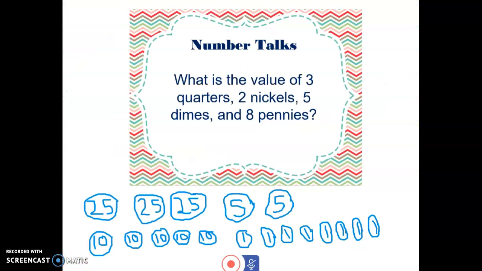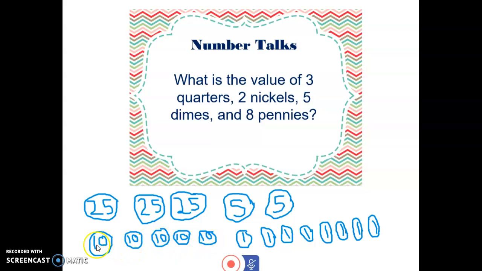All right guys, you can see that I drew out my coins. I have 3 quarters. 1, 2, 3. I know the value of each quarter is 25 cents, so I wrote 25 cents in each quarter. 2 nickels. 1, 2. Again, I know that 1 nickel is 5 cents, so I have 5 inside of each nickel. 5 dimes. 1, 2, 3, 4, 5 dimes.